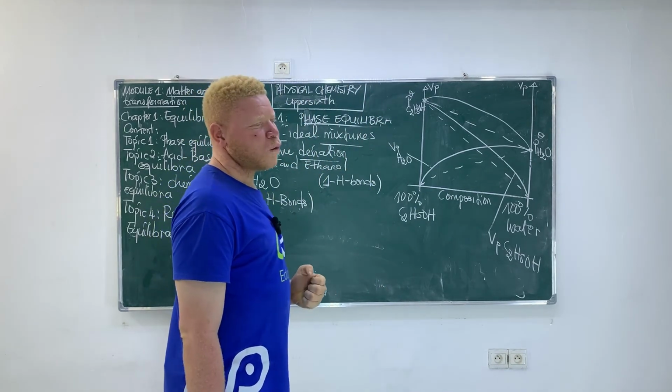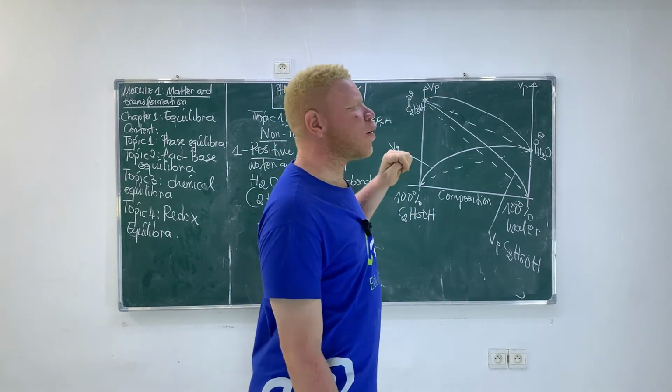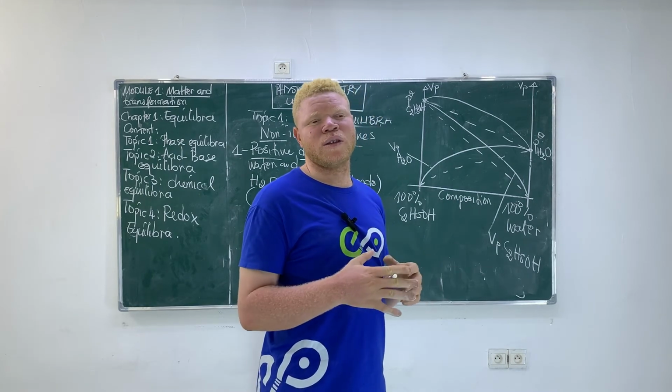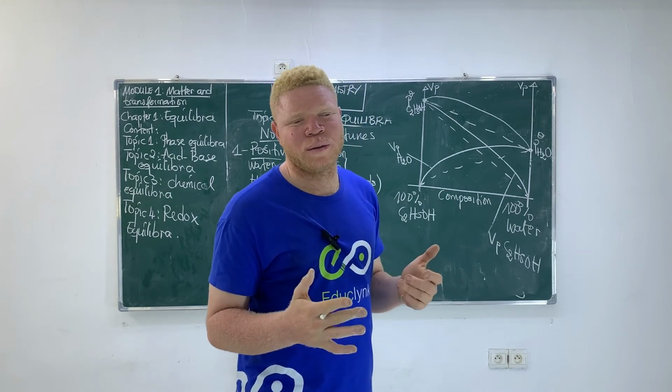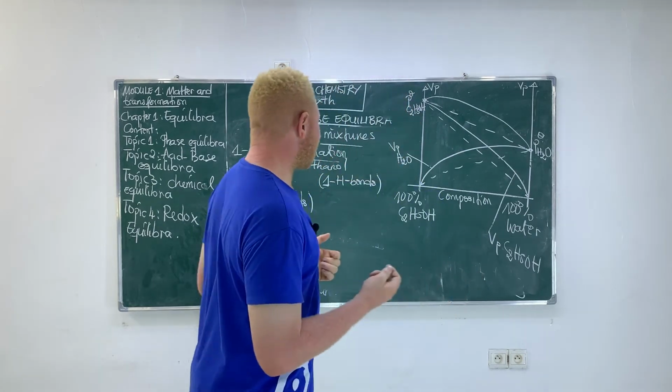Now we are going to move to negative deviation. But water and ethanol are not the only mixture that will have positive deviation. I told you that for us to have positive deviation, one of the components should have hydrogen bondings, or both even.